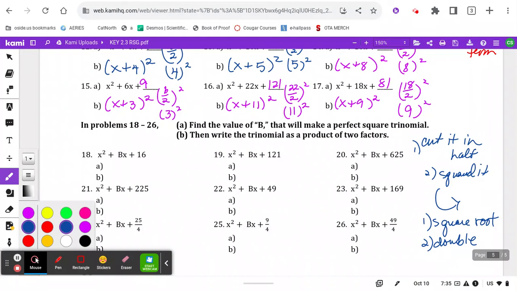Does that make sense? I'm doing the exact opposite because this time, instead of going from the B to the C term, I'm going from the C to the B term. So let's go try a couple. If I take 16 and square root it, I get 4, and then I double it. 4 twice would be 8.